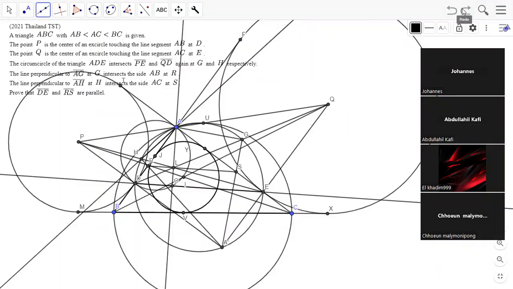But wait, is it obvious that WI would be parallel to RL? It's kind of interesting. Oh, is IDO similar to HRL? I think so.